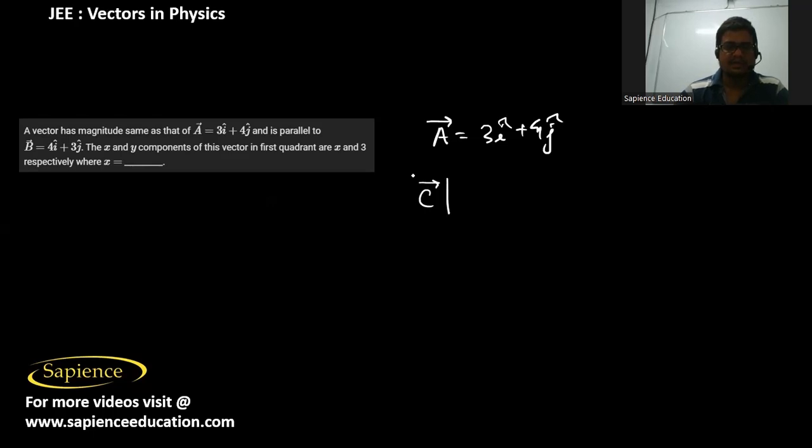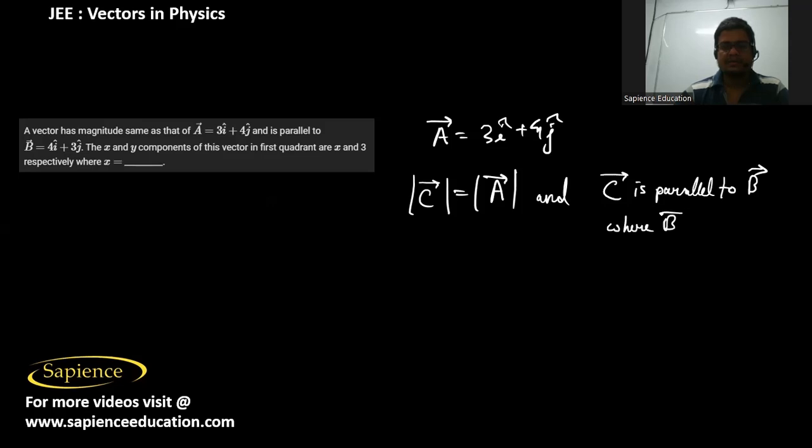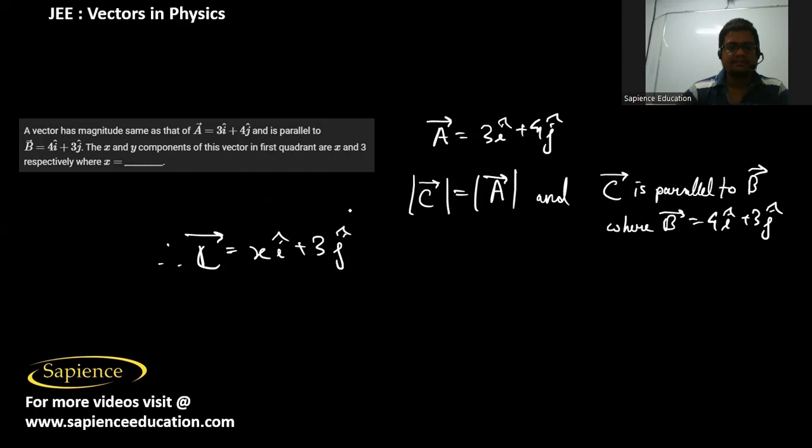Vector c has magnitude same as that of vector a, and it is parallel to the vector b, where b vector is given as 4 i cap plus 3 j cap. Then the x and y components of this vector in the first quadrant are x and 3 respectively. So if the vector c is equal to x i cap plus 3 j cap, then we have to find out x.